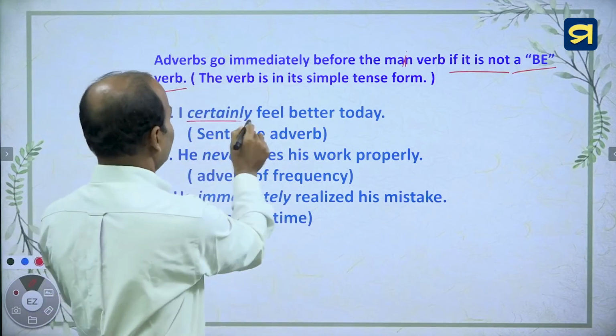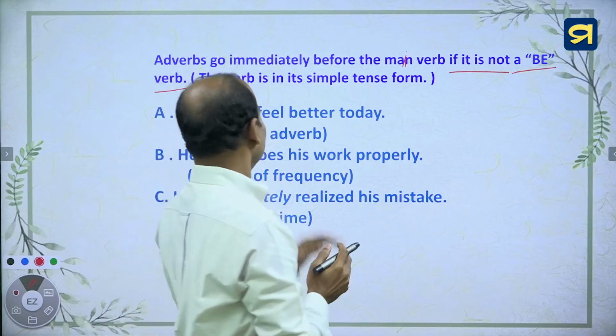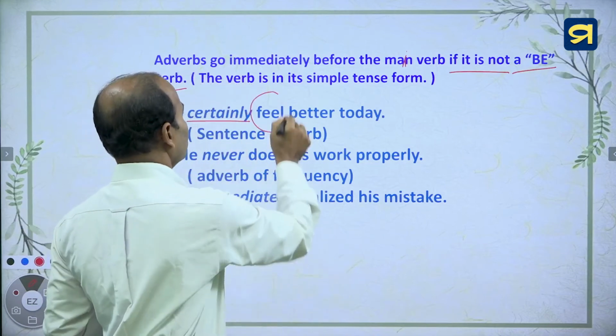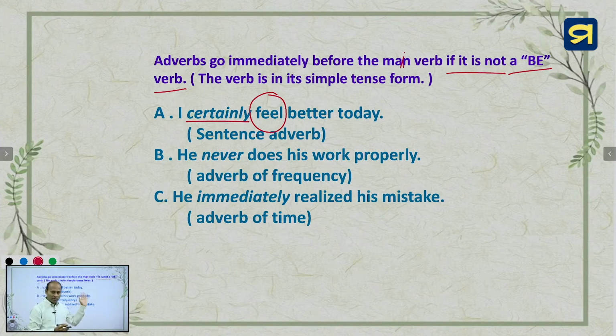So, certainly, the adverb, is used just before the verb, and you know that this is not a be verb. He never does his homework or work properly. Though never is an adverb of frequency, it is used just before the verb does. Likewise, you can see that he immediately realized his mistake, and immediately is used just before the verb realized here.